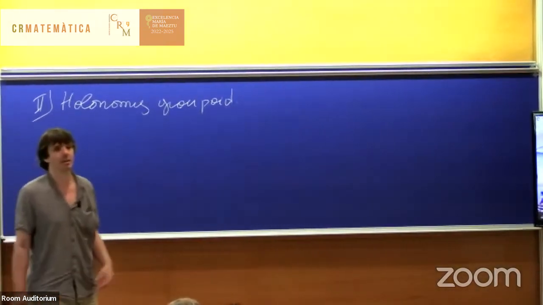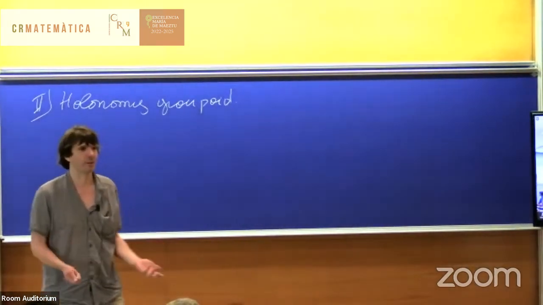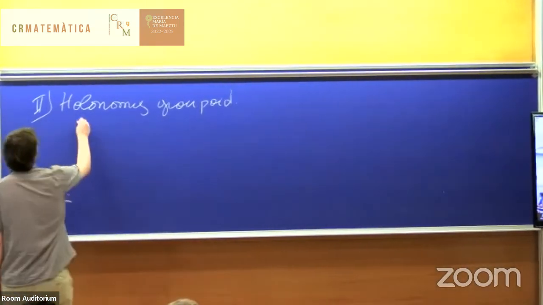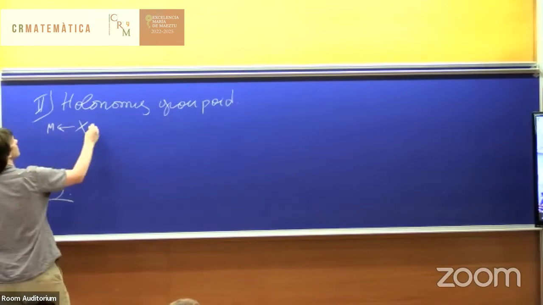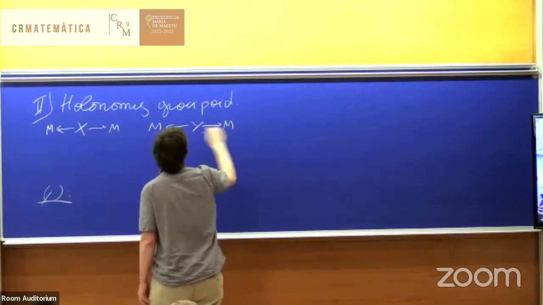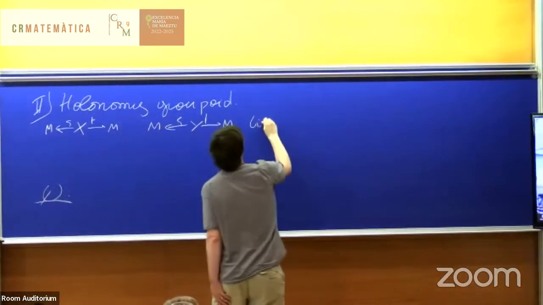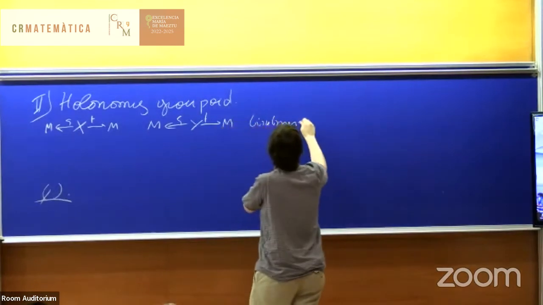Well, okay, you don't have a product, you don't have an inverse on a bisubmersion, but you have kind of. Take a bisubmersion and take a second one, with maps S and T. The two things.